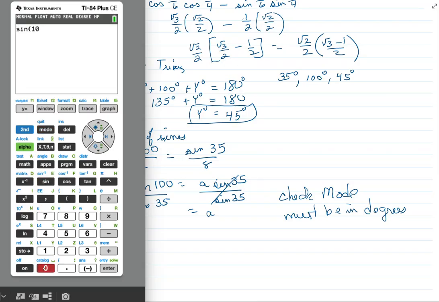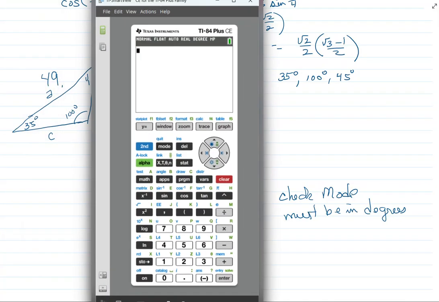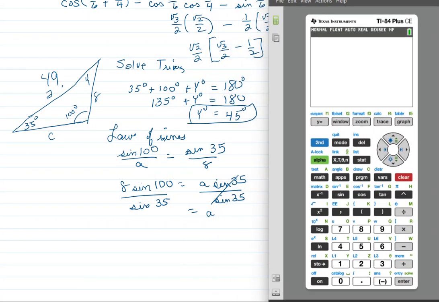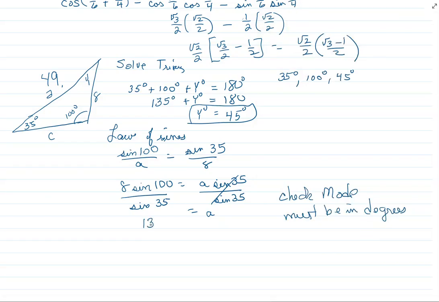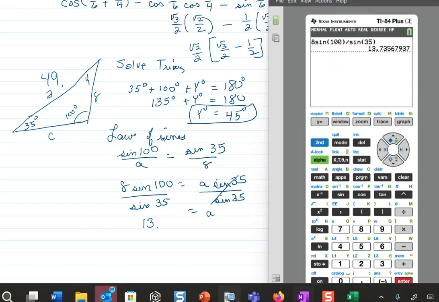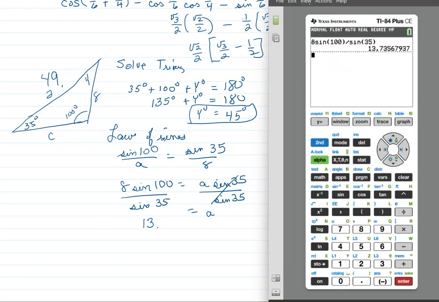Let me do it exactly like I have it: 8 sine 100, close parenthesis, divided by sine of 35, close parenthesis, and enter. We're going to do 2 decimals. 13.1374.